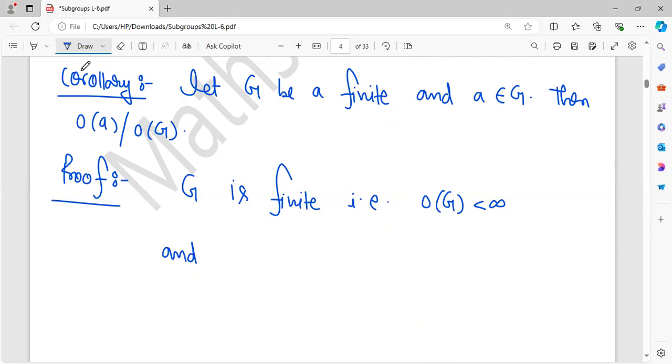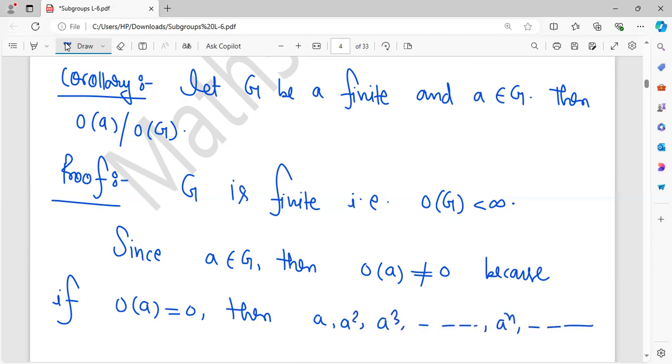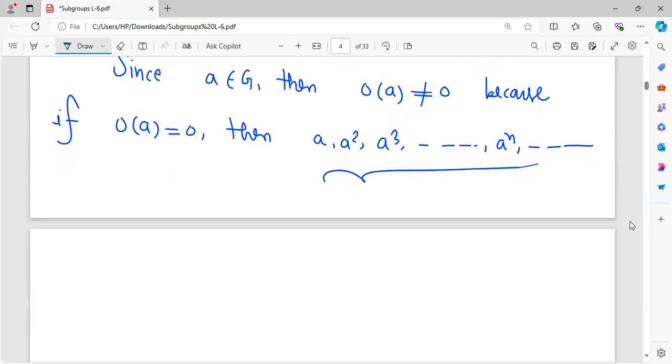Since a belongs to G, the order of a is not equal to 0, because if the order of a is 0, then a, a square, a cube, and so on are all distinct.